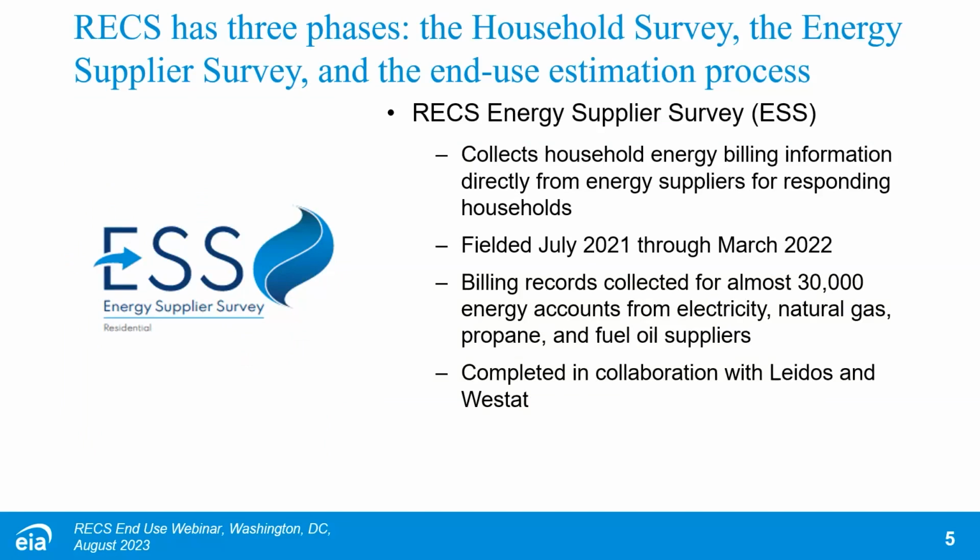The ESS for the 2020 RECs was fielded from July of 2021 through March of 2022 and collected billing records for almost 30,000 energy accounts from electricity, natural gas, propane, and fuel oil suppliers. The suppliers that we contacted ranged in size from large utilities to small local fuel oil delivery businesses. The ESS was successfully completed in collaboration with our contractors Leidos and Westat.